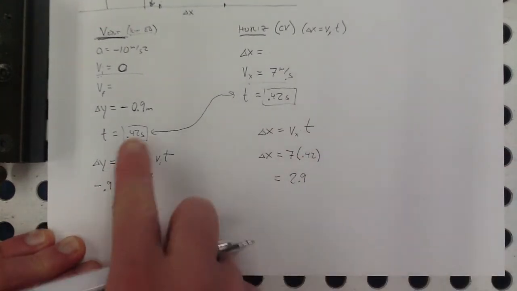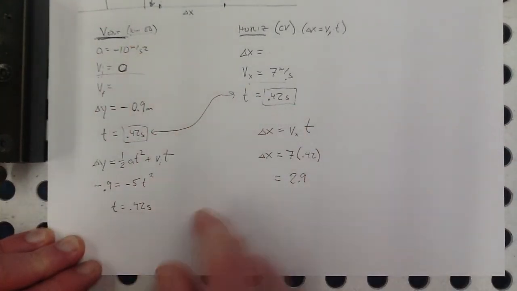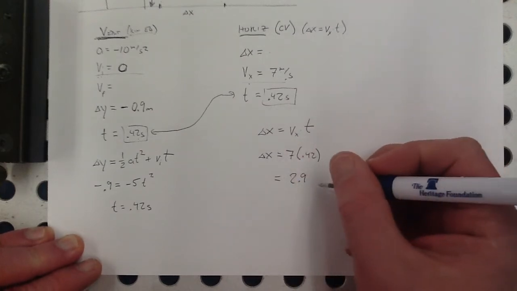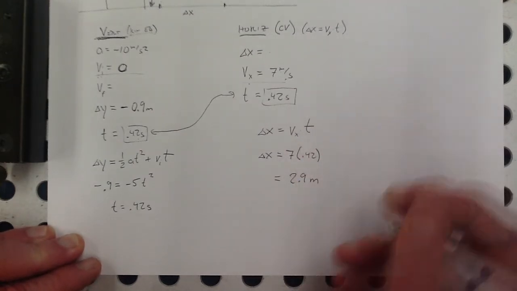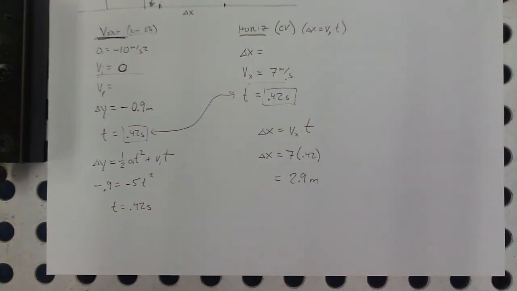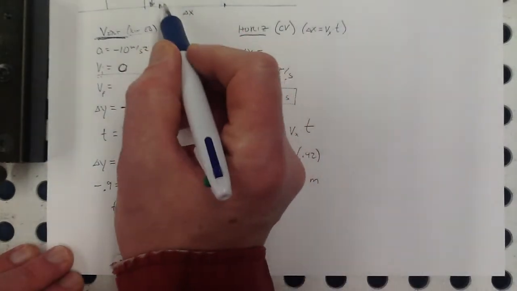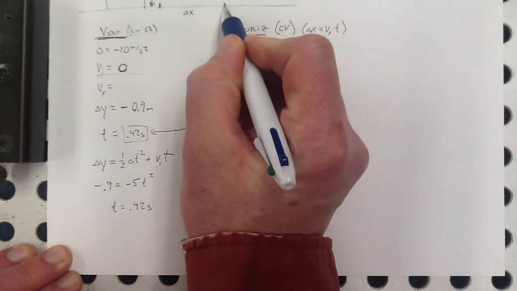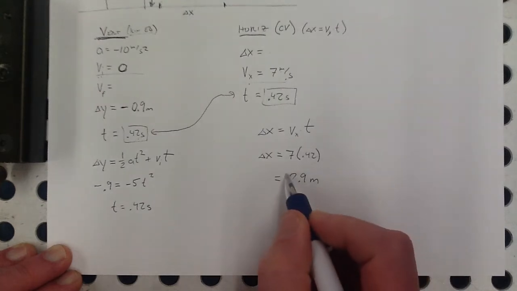I'm going to call that 2.9. I've been keeping 2 significant digits in different places, so I'll call that 2.9 meters. Right. So what is that? That is how far from the edge of the table it lands.